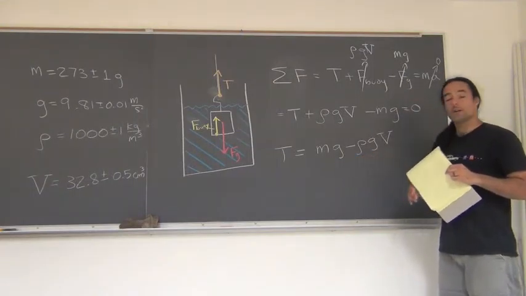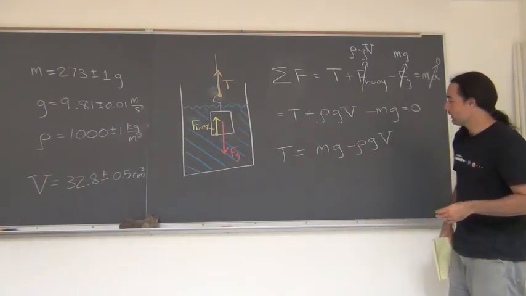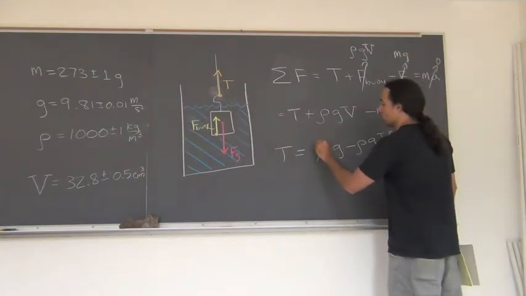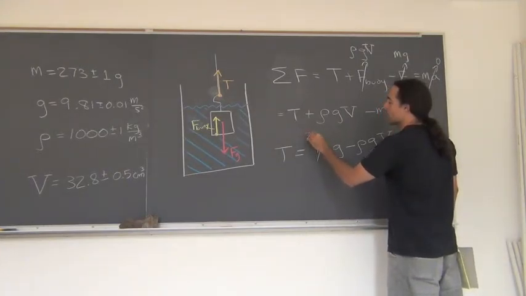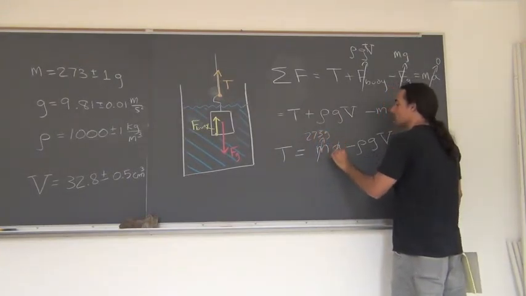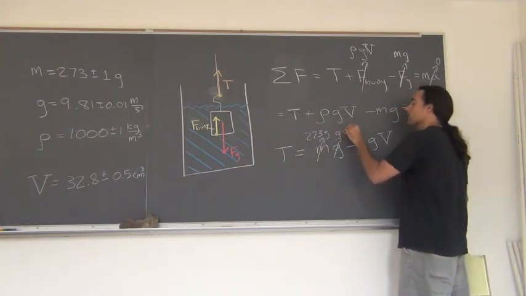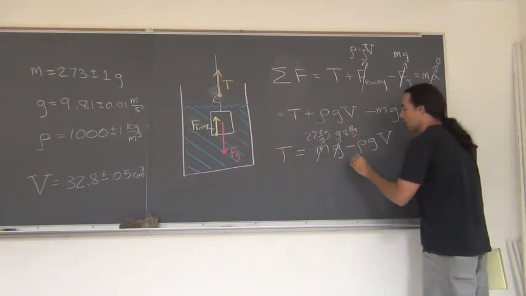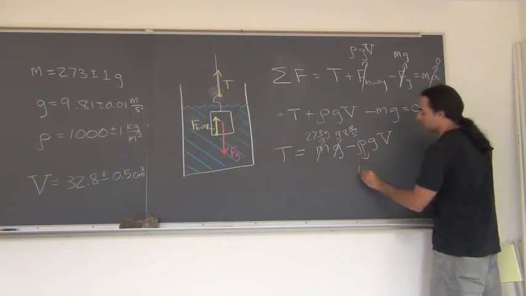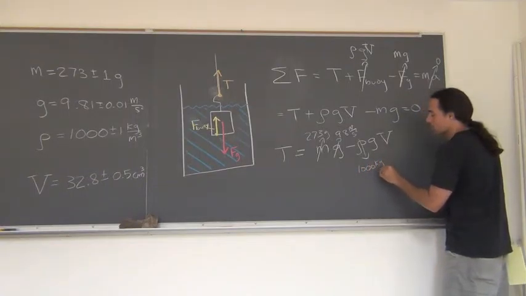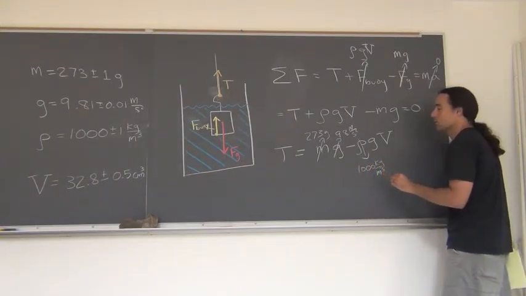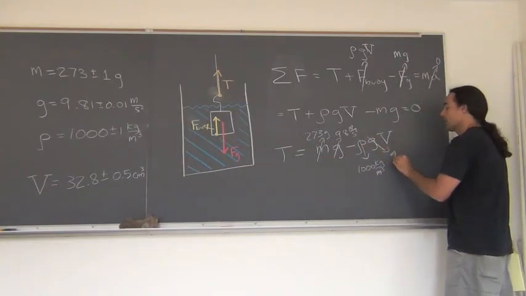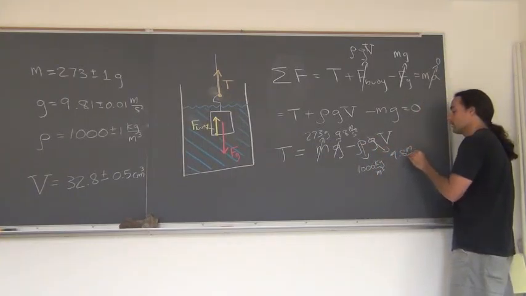When I plug these numbers in, what we will see, let's see, that's 273 grams. This is 9.8 meters per second squared. The density we said was 1,000 kilograms per meter cubed. g is again 9.8 meters per second squared.